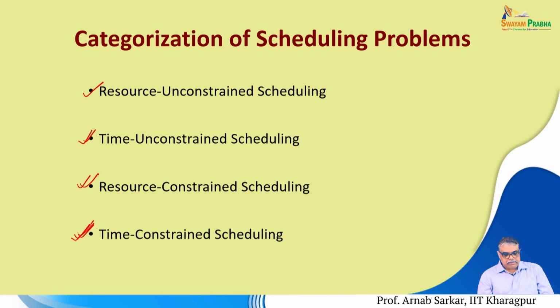So, here in time constrained scheduling, you are given a bound on time and you have to perform all operations within this bound, and your objective typically is to use the least number of resources. Why? We said if you can use a lower amount of resources, then your design cost lowers.